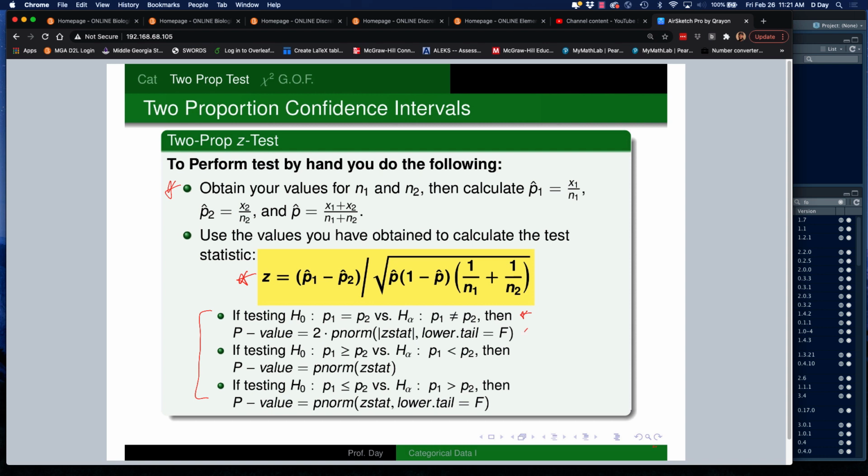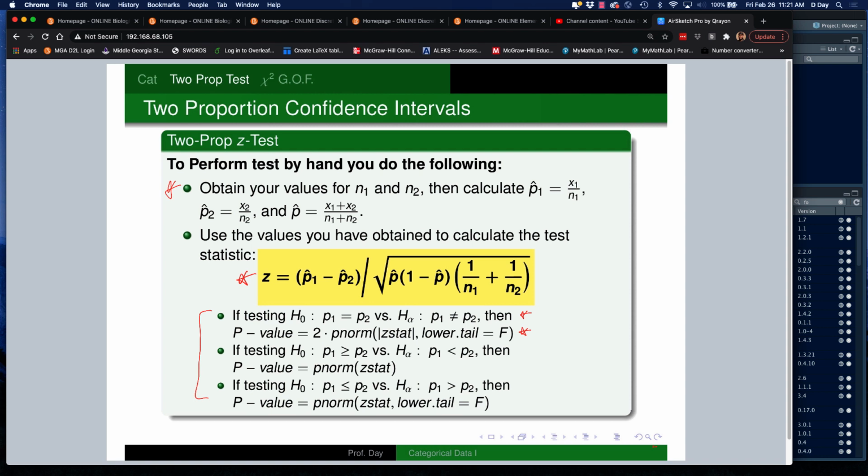Then I do this formula here in R, 2 times pnorm of the absolute value of the z-stat, comma, lower.tail equals FALSE, will give me the value for that. And the reason I do 2 times is because it's twice the probability in this case, because we're talking about the 2 tails on this test. When you do a 2-sided test, you've got 2 tails.